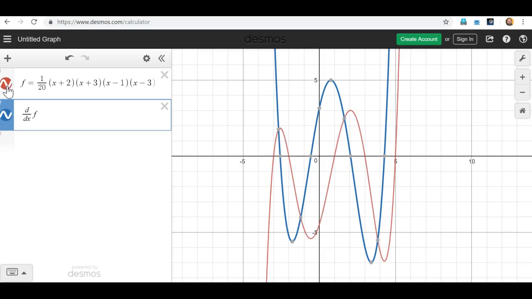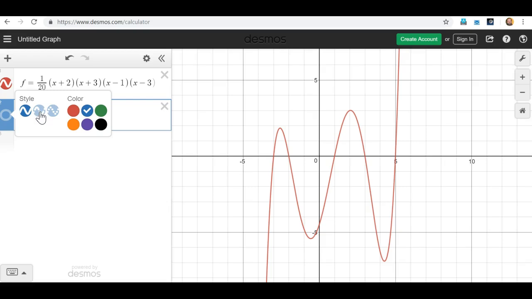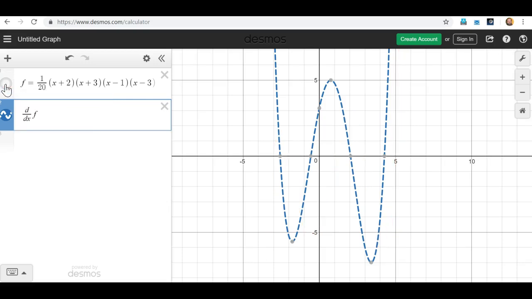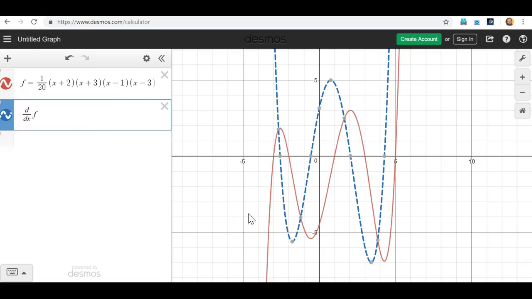I'm going to line the two graphs on top of each other, and to make it easier to see, I'm going to make the derivative dotted. The main curve is the red one, and the derivative is the dotted one. Now let's take a look. Where the derivative is 0, the main curve is increasing until it gets to this value right there.